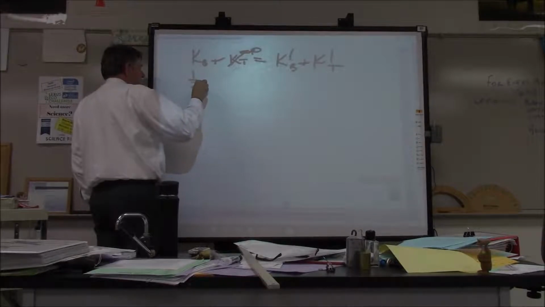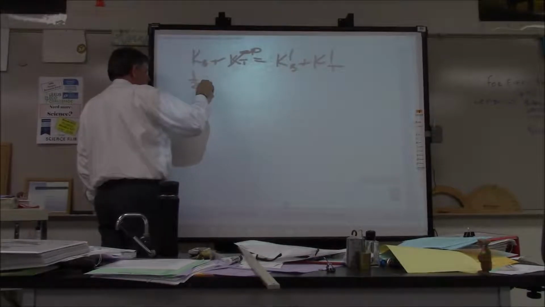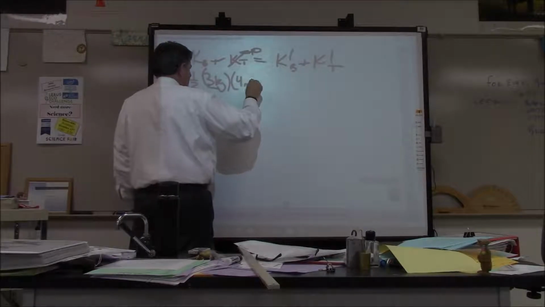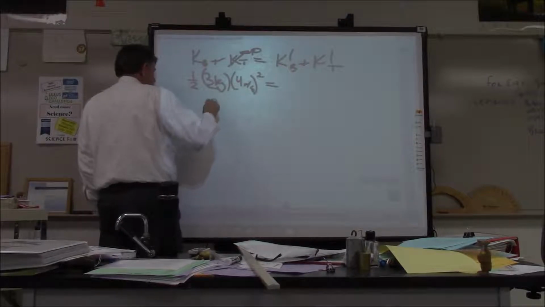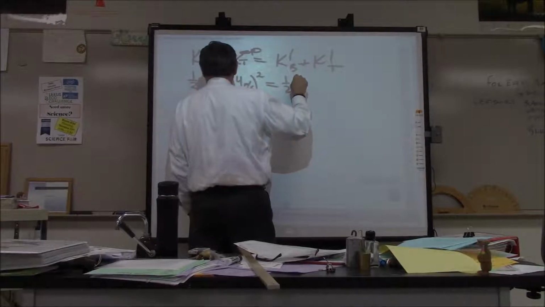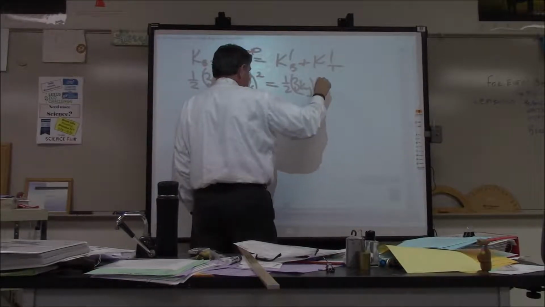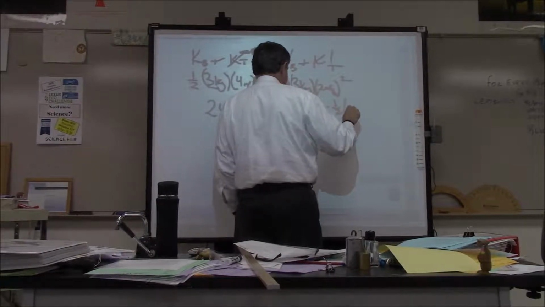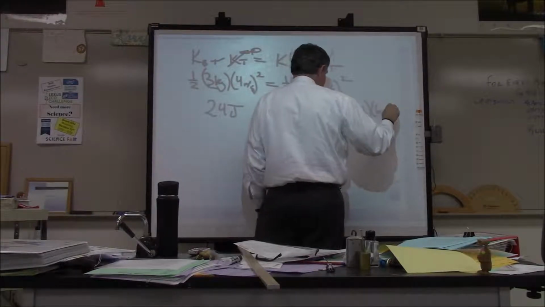So this is going to be 1/2 my mass, which was, what was that, 3 kilograms? Yeah, 3 kilograms. And that was moving at 4 meters per second. That's going to get squared. So that's 24 joules. Okay? So this is going to be 1/2. What was the new velocity of the bullet? 2? Yep. That's going to get squared, and then add that to 1/2 the mass of the target, which is 1 kilogram, but that's moving at 6 meters per second.